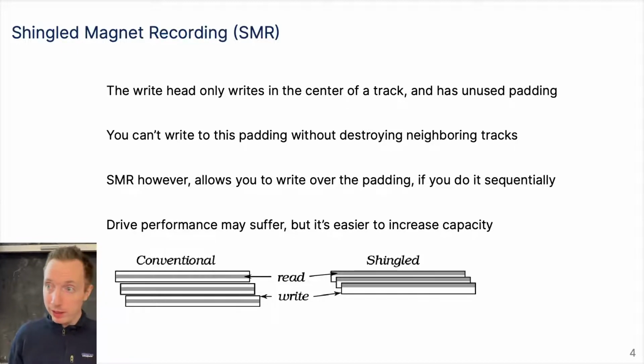But you have to be really careful to do everything sequentially, or else that interference is still there and you might be able to ruin stuff. And also, if you don't know this is happening, your performance may suffer if you write in the opposite order than things are shingled, because then it's going to have to write all the data again just to modify a bit at the end, and you're going to have to do this over and over again.